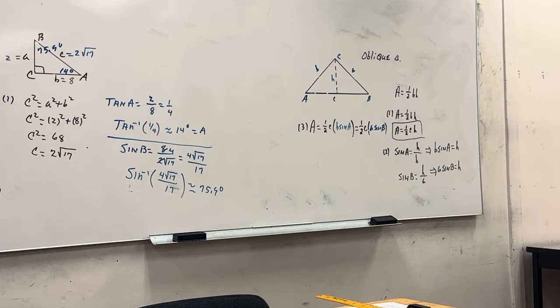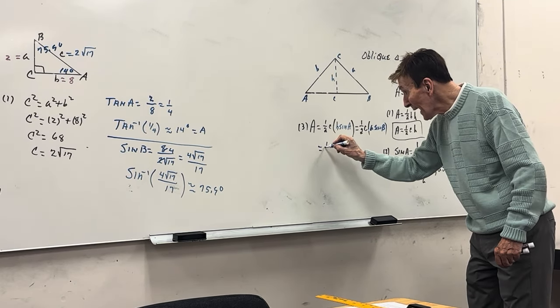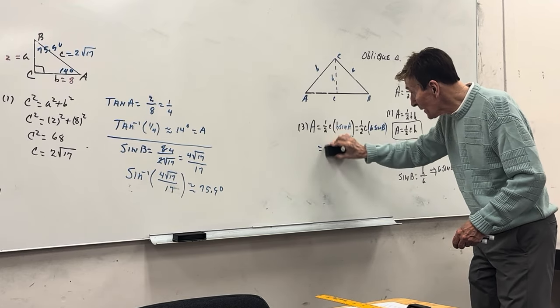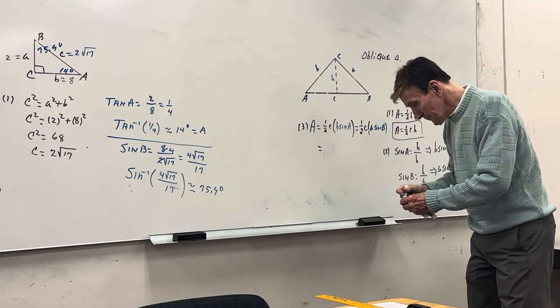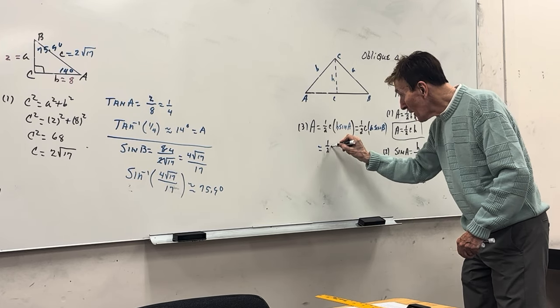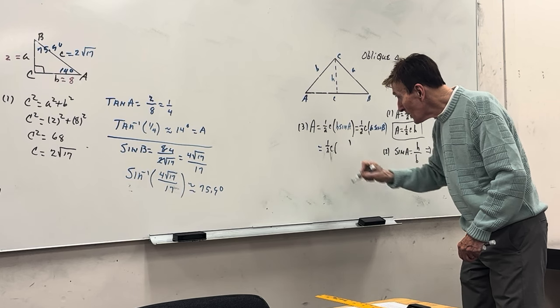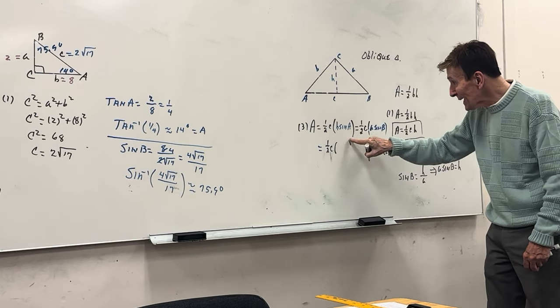I'm gonna ask you to tell me what it looks like. I don't have it on the board right now. There's a third way I could express this. 1/2, let me use my black here. 1/2, definitely C. Can anyone tell me the other possibility?